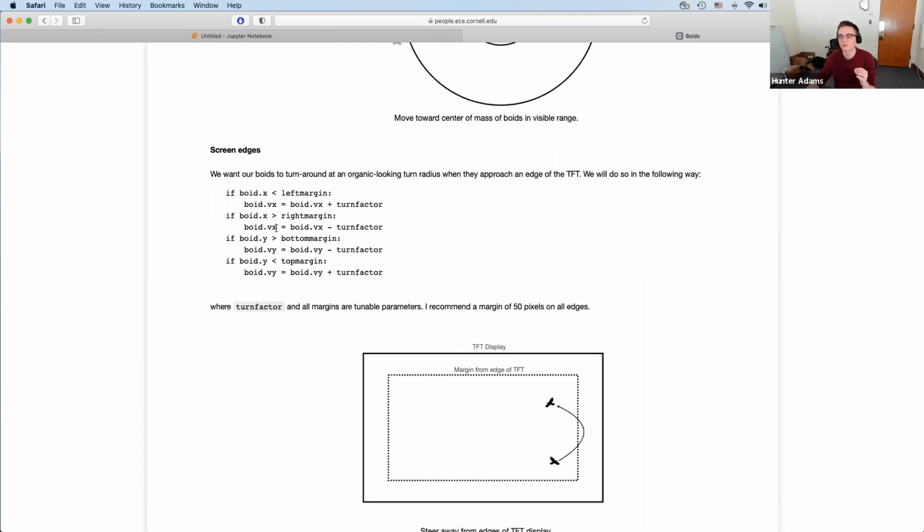And then once their X or Y position exceeds these margins, you increment their velocity by some small amount, some turn factor. The greater this turn factor is, the sharper the turn. And if you turn that up too high, it starts to look like billiard balls bouncing off of a wall, right? You don't want that. So there's some sweet spot where the turn radius looks right, and it just takes playing with it.